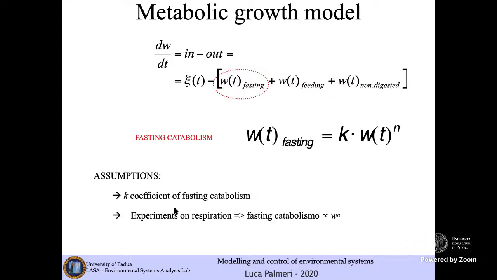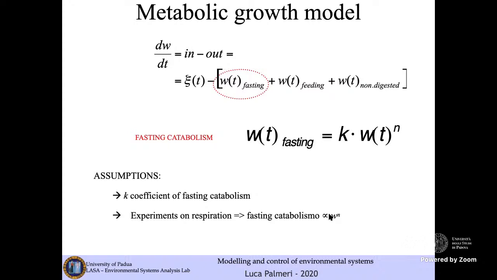Again, here we have some assumptions of a biological or ecological type, in which we assume that the fasting catabolism is proportional to the dimension of the organism. Again, for generality, this proportion is not linear.